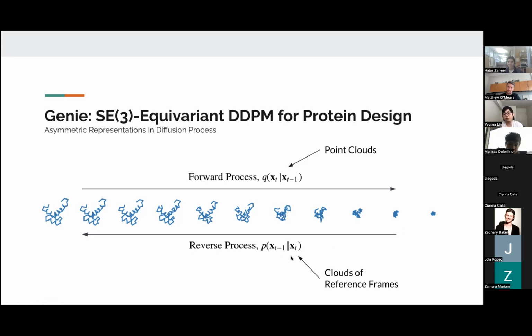But in the reverse process, because we need to reason about the orientation of each C alpha atom, as well as consider the handedness, we are provided with more information by constructing a reference frame based on the chain of C alpha atoms. Those frames are constructed using Frenet-Serret frames to inject the rotation or frame information into the reverse process for the reasoning part of it.